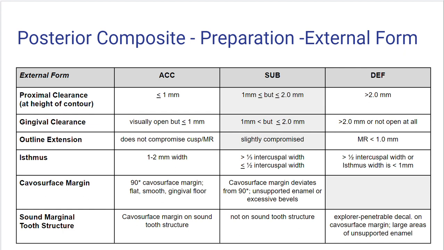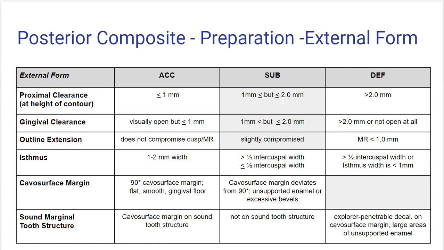Occasionally you may fall into a substandard. Now, if you fall into this substandard category for a little bit wider isthmus, maybe your cavo-surface margin isn't exactly 90 degrees, you got a little bit of minor unsupported enamel or something like that, it's not as big of a deal as if you start to get really big in these areas.